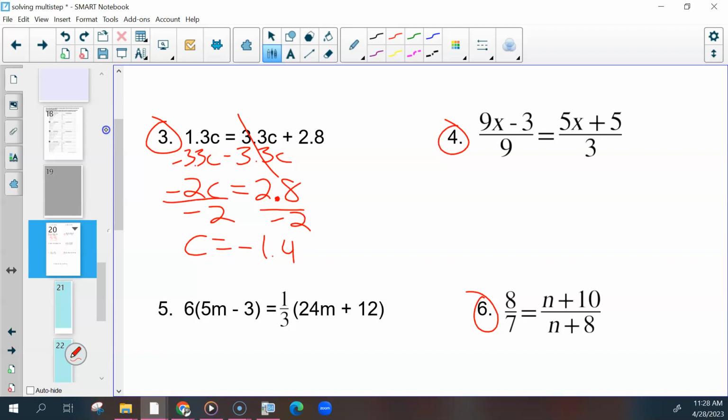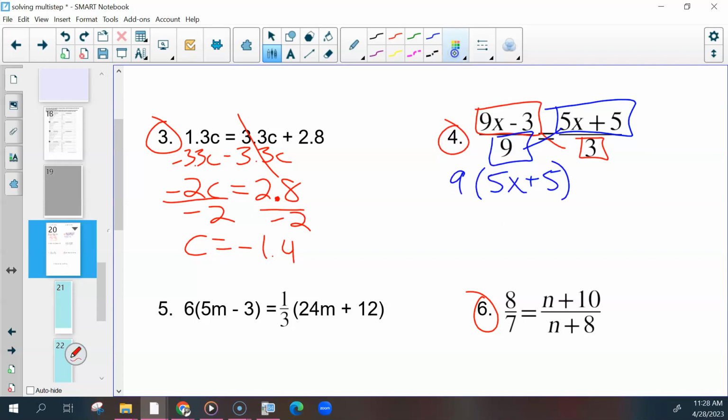You take this numerator, multiply it to this denominator, and take this numerator and multiply it to this denominator. So then we can rewrite that. 9 times, in parentheses, 5x plus 5. And 3 times 9x minus 3. It does not matter if what's in blue is on the right or on the left.